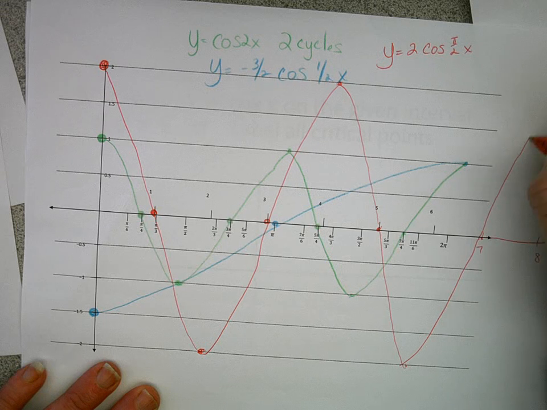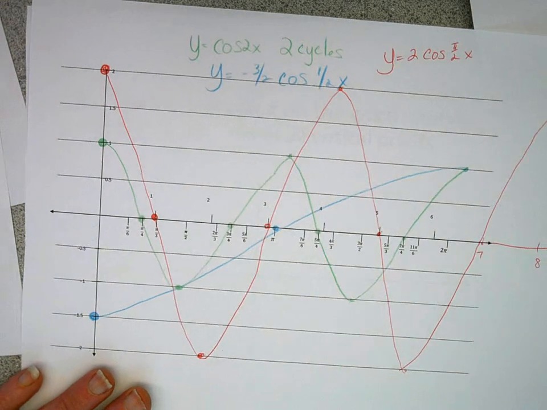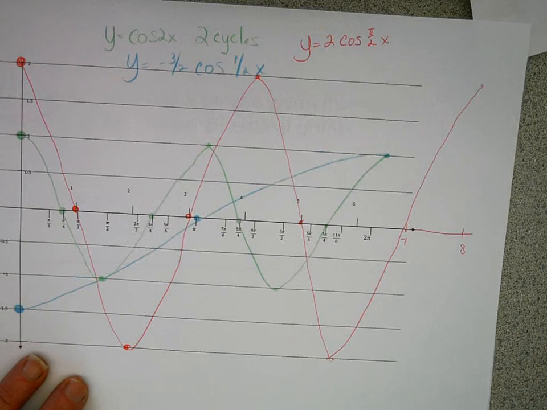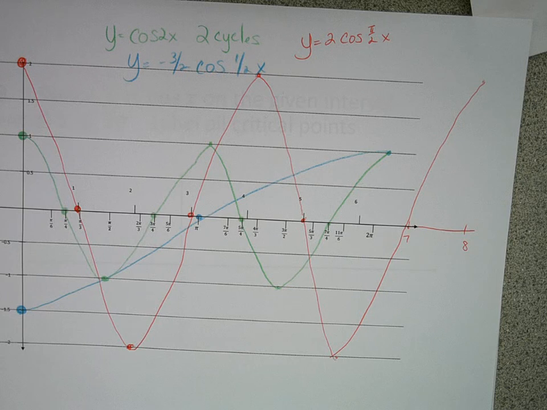Because I'm going to ask you a lot of times to graph 2 periods. So in red, I just graphed 2 periods. Okay, so if your b value has a pi in it, that means you're scaling by numbers, not radians.